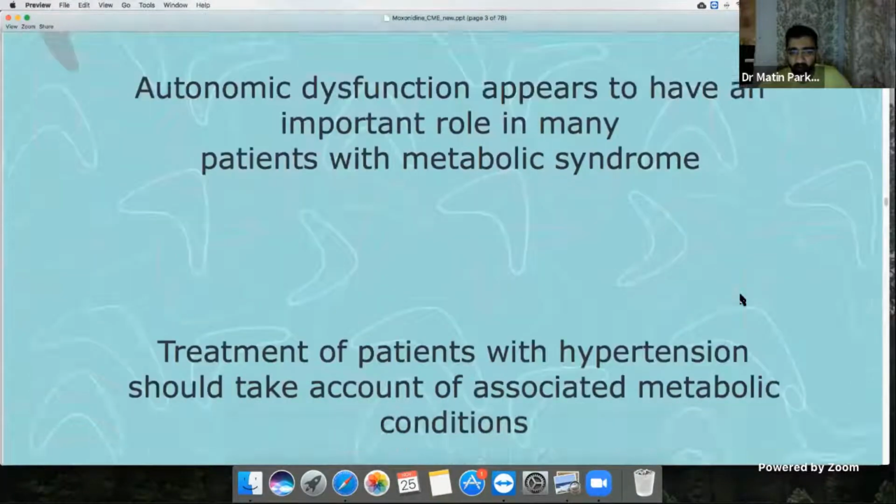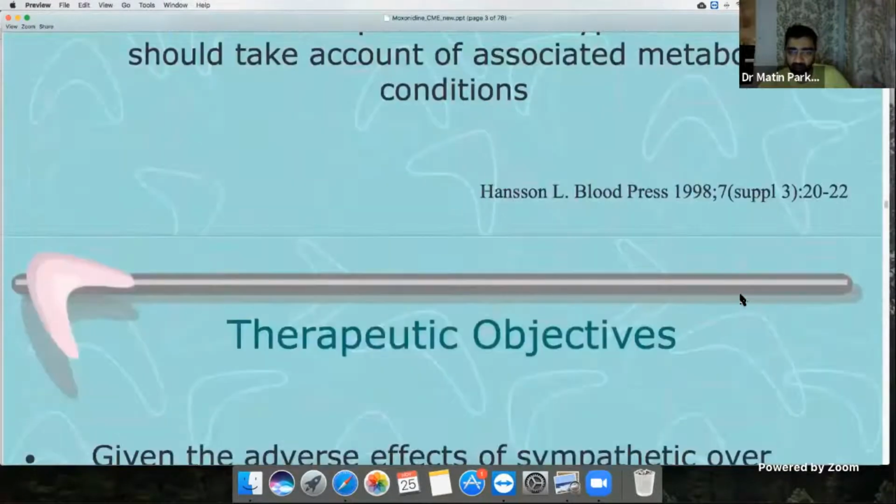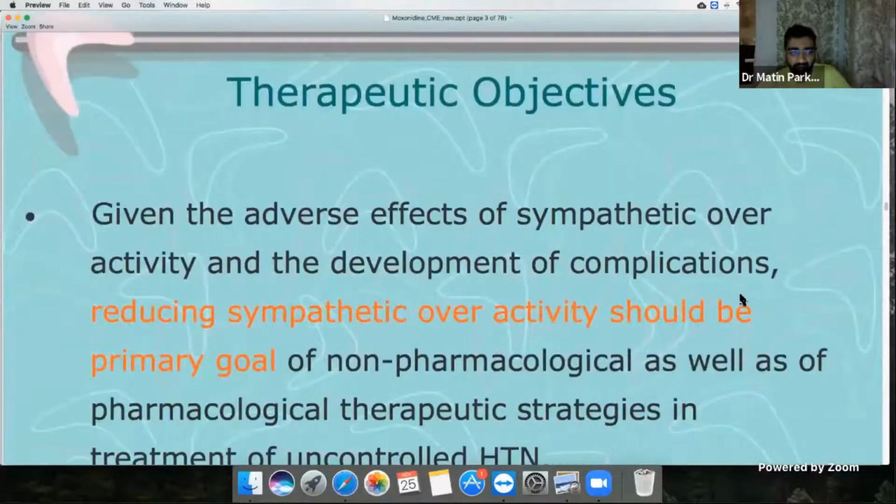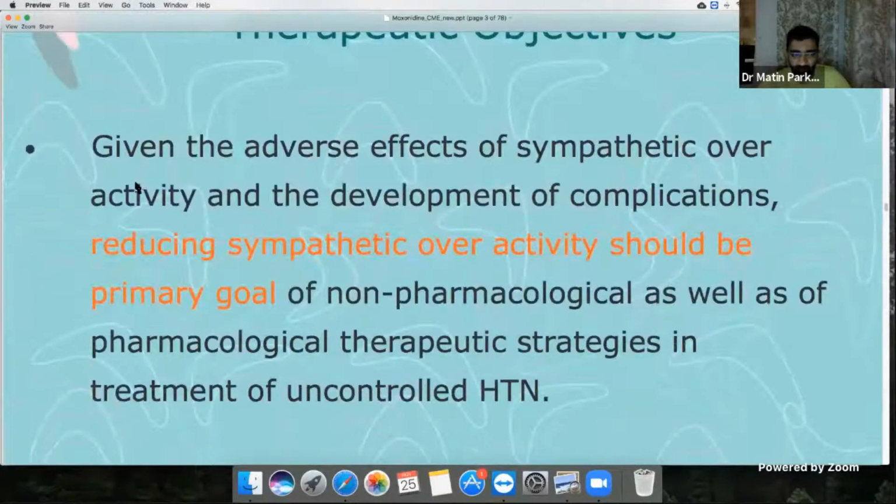So managing autonomic dysfunction is also the main thing. The objective of the therapy for resistant hypertension is to reduce the adverse effects of sympathetic overactivity and the development of complications. Reducing sympathetic overactivity should be the goal, which is seen in these patients.